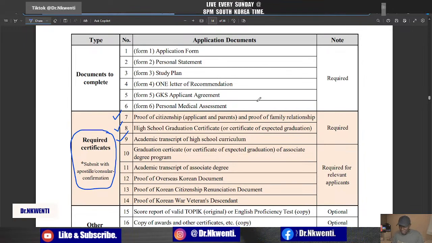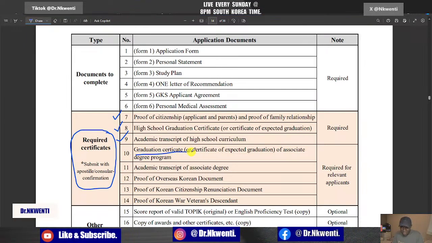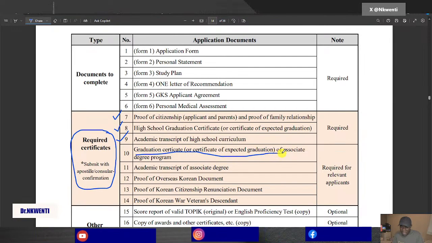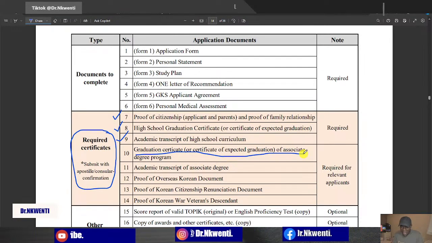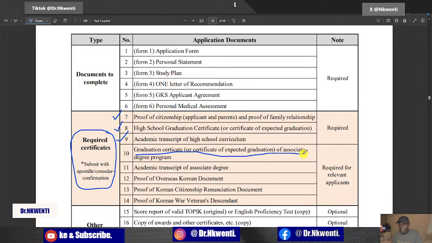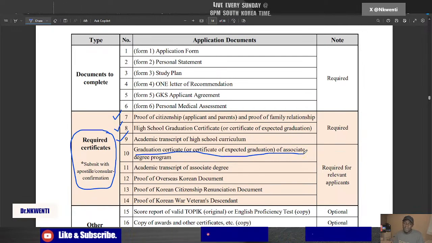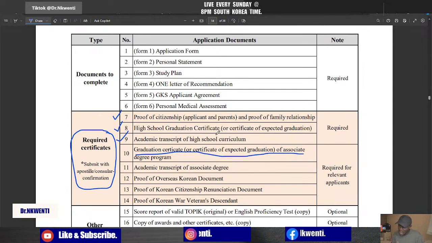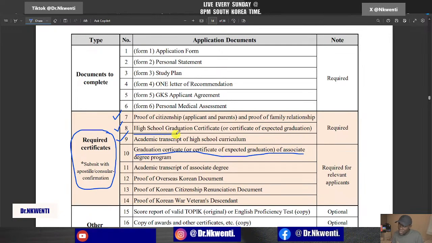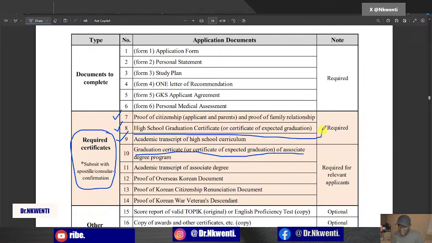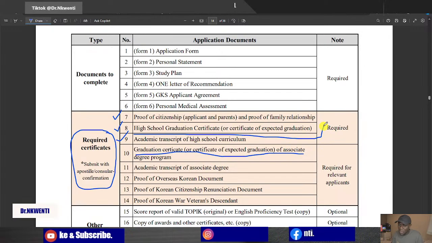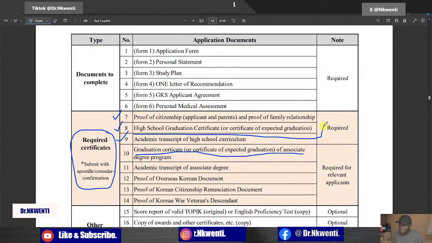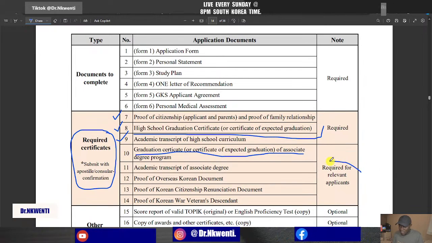That's why it says here graduation certificate or certificate of expected graduation of associate degree. Anyway, in the documents that are supposed to be authenticated up here, it says high school graduation certificate or certificate of expected graduation. I would explain this one, required for relevant applicant, later on.